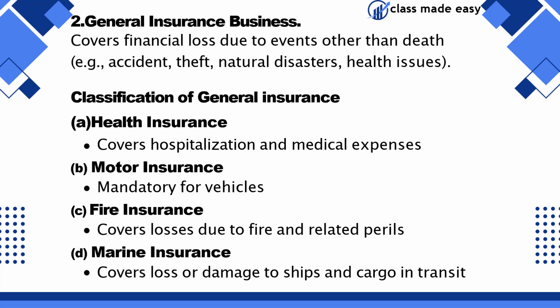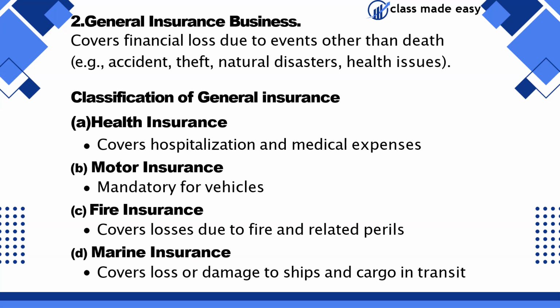Insurance companies expect us, even though we have taken insurance, to also exercise the duty of reasonable care. It is not that you have now insured your motor vehicle, you drive recklessly in the name that you are going to be paid. It doesn't work that way in insurance.